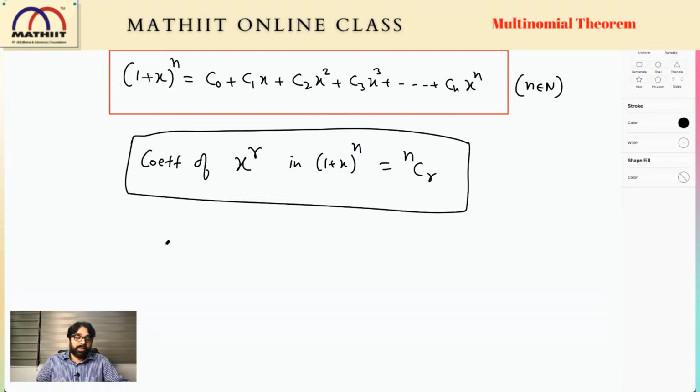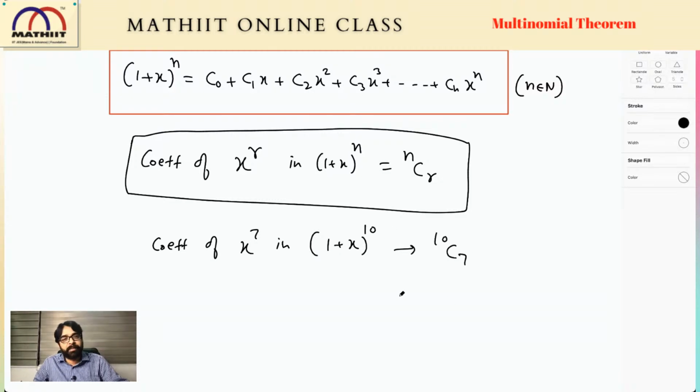Correct? Now tell me, what will be the coefficient of x power 7 in the expansion of 1 plus x power 10? So you will say 10C7. Very simple. If I ask you what is the coefficient of x power 12 in the expansion of 1 plus x power 10?